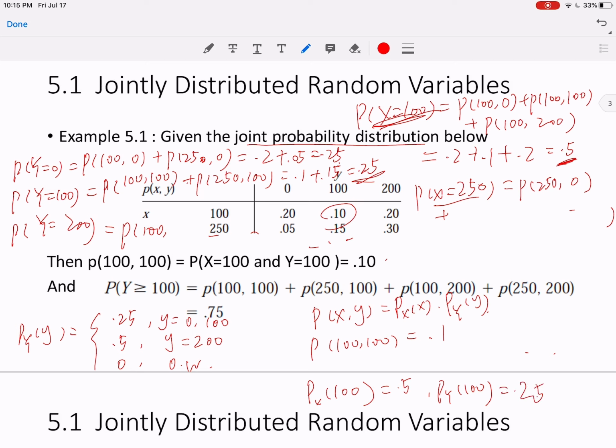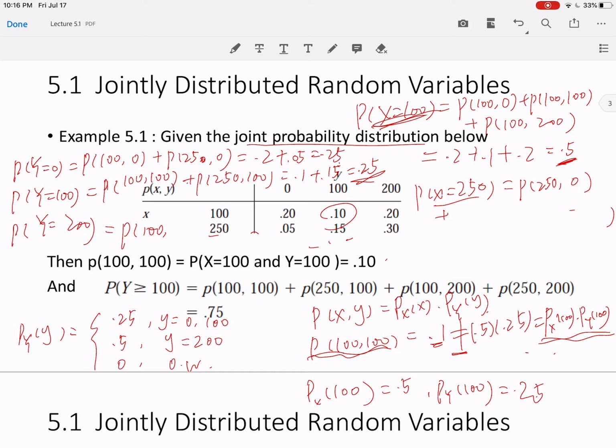Obviously, this 0.1 is not equal to 0.5 times 0.25, which is the marginal PMF of X times the marginal PMF of Y. Since this is not equal to the product, in this case X and Y are not independent.